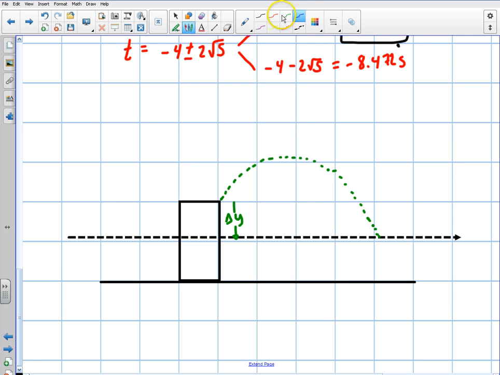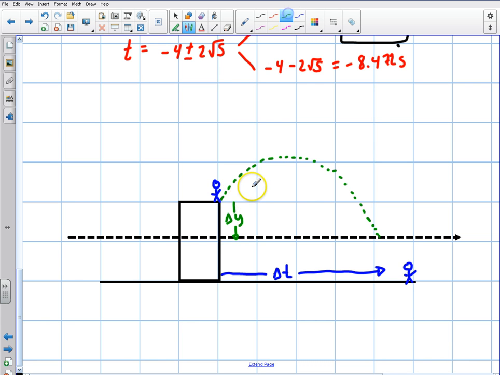Well, we know that there's definitely going to be an elapsed time from the time that I launch it from the building, like this, across all the way over to this point. And let's say that this is the ground right here. This is a person on the ground down here, and another person is on top of the building up here. And I just want to know how long is it going to take to drop that level.